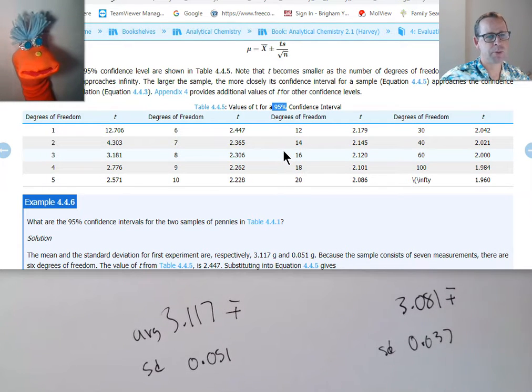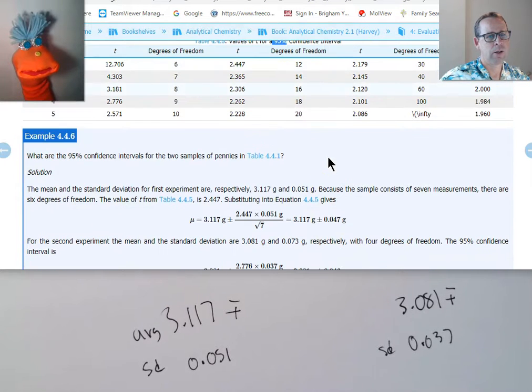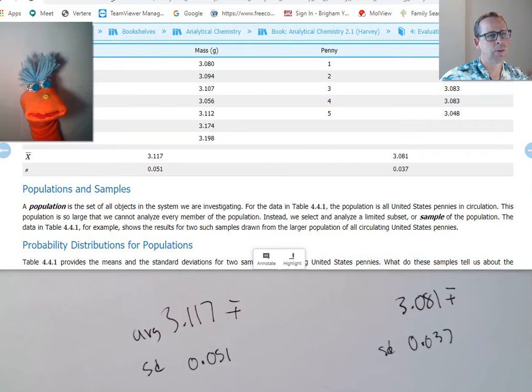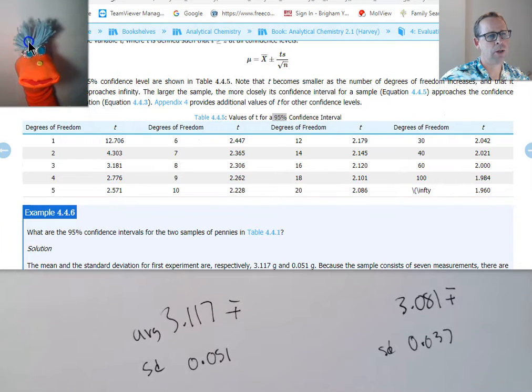Yeah, that was for 7 measurements. Should we go back up? Seven measurements, and the other one was for 5. Okay, good. So what's that mean? Well, you go to degrees of freedom is 7. No, remember degrees of freedom is n minus 1. Oh yeah, 6. So 2.447 is our t-value.